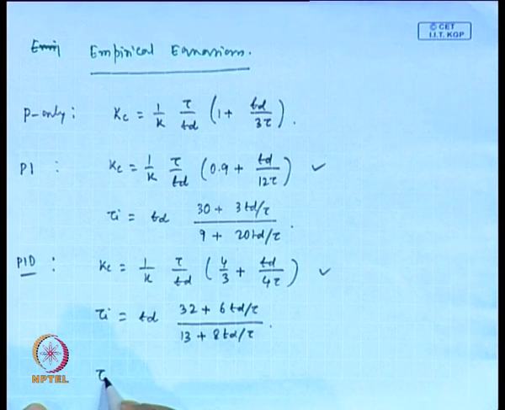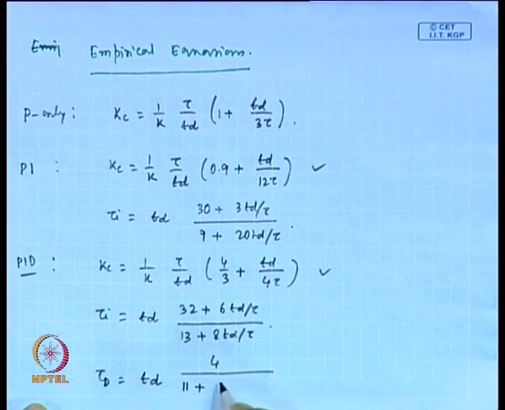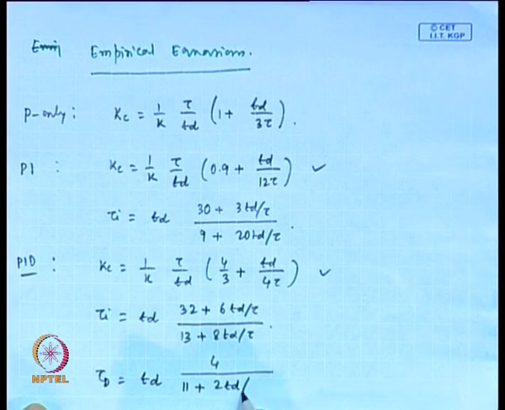And for tau d they got tau d equals Td times 4 divided by 11 plus 2 Td divided by tau.